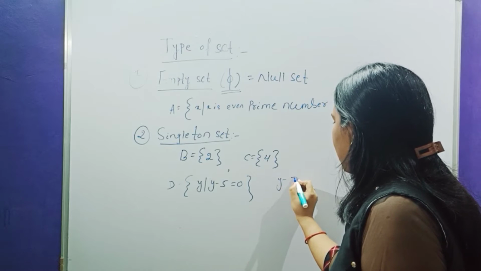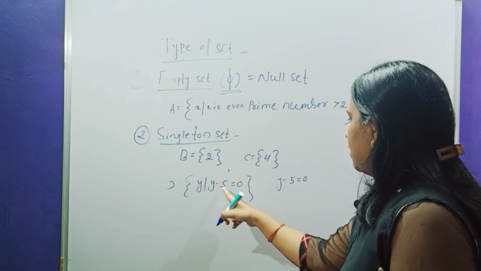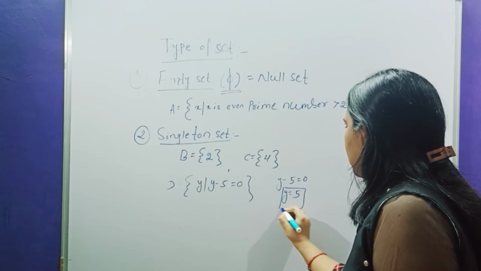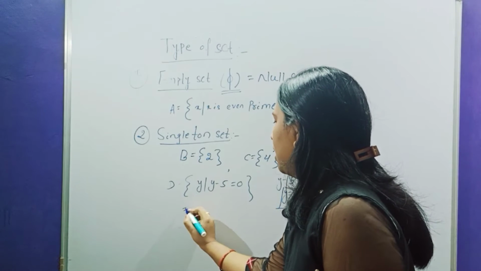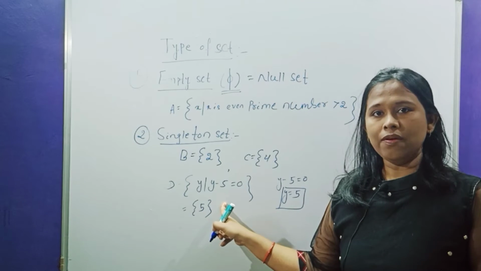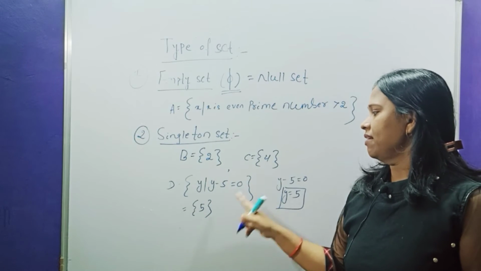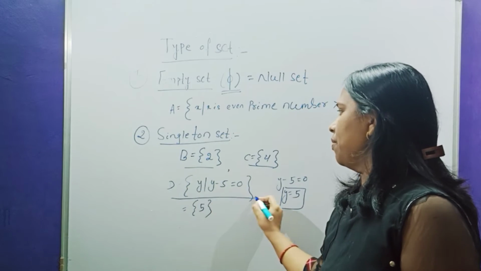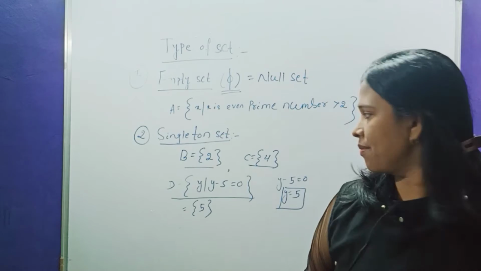As y minus 5 equals 0, we can write y equals 5. So there is only one element, 5, present in this set. As only one element is present in these sets, these are examples of singleton sets.